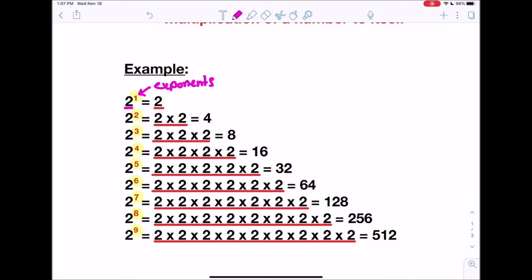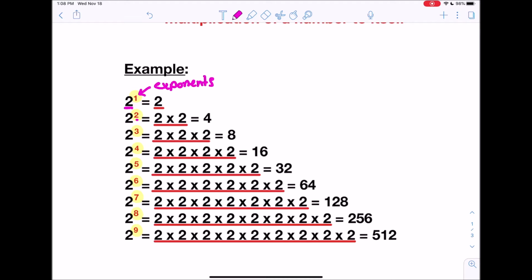So for 2 to the first power, it's just 2. There's only one 2. And then you can see 2 to the second power, now we have 2 2's. 2 to the third power, 3 2's. 2 to the fourth power, 4 2's. 2 to the fifth power, 5 2's. 2 to the sixth power, there's 6 2's. 2 to the seventh power, 7 2's. 2 to the eighth power, 8 2's, and 2 to the ninth power, 9 2's.